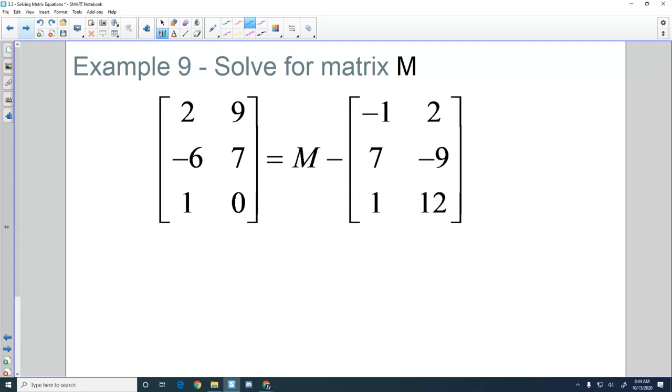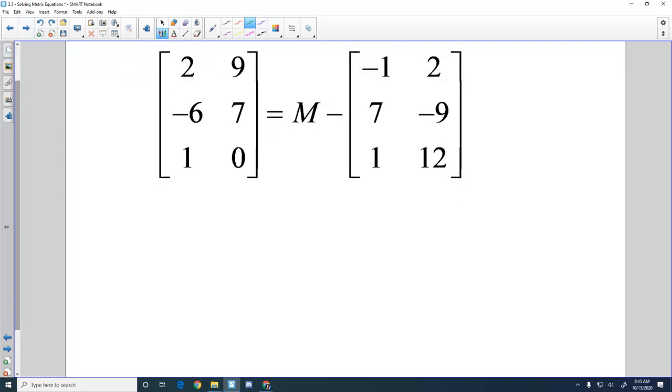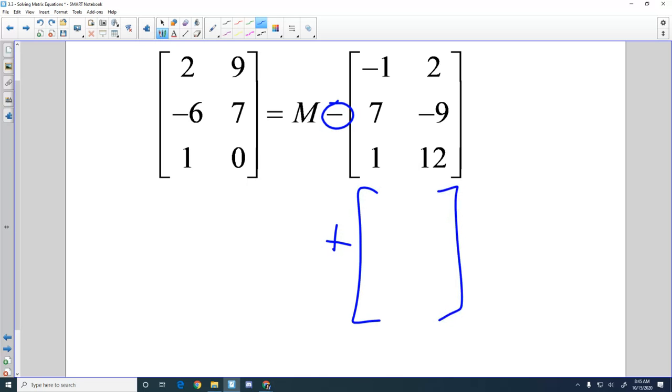So on the right side here, we've got this -1, 2, 7, -9, 1, and 12. See how this matrix is being subtracted from M? If I want to cancel it out, what would the opposite operation be? Addition. Any matrix minus itself would equal 0, and it would cancel out on this side, just like if I had a -3 and I added 3.